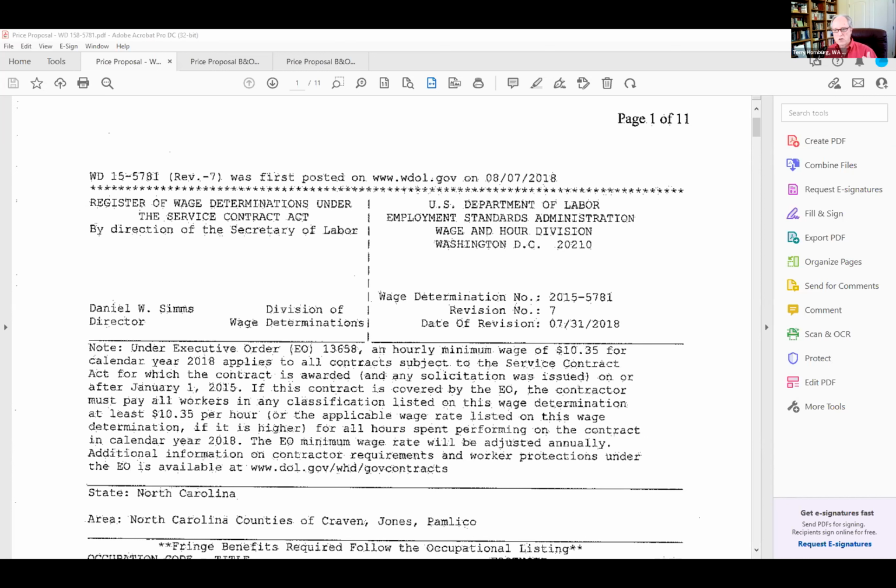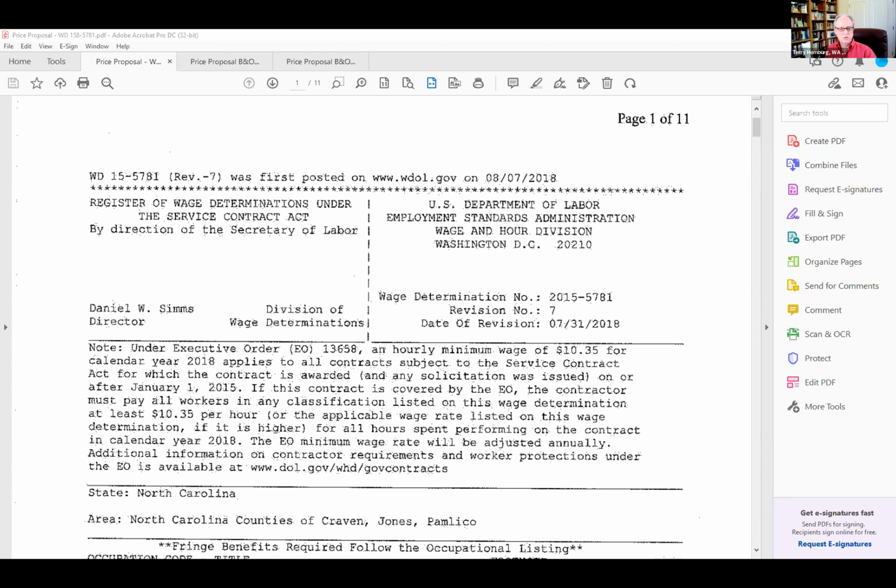As opposed to the Service Contract Act, which has now been retitled to a statute, which Michelle will talk about. Those typically only change about 2 to 4 times a year. So you've got to know what you're dealing with, and you always have to make sure that the current wage determination is in the solicitation and in the following contract that gets awarded.